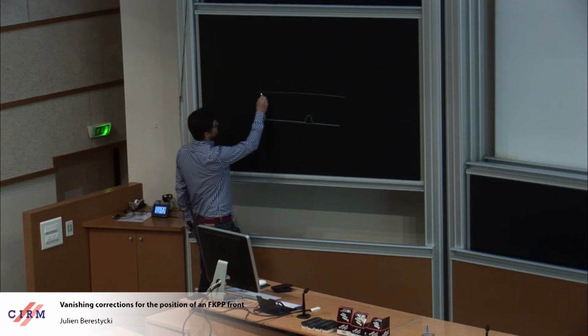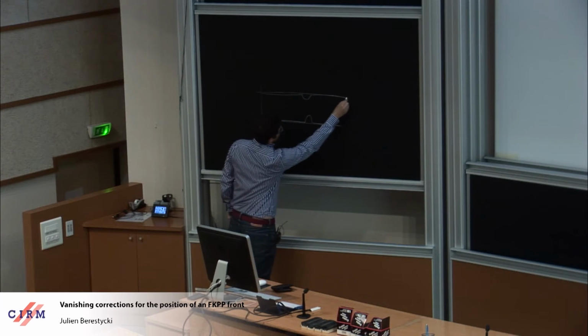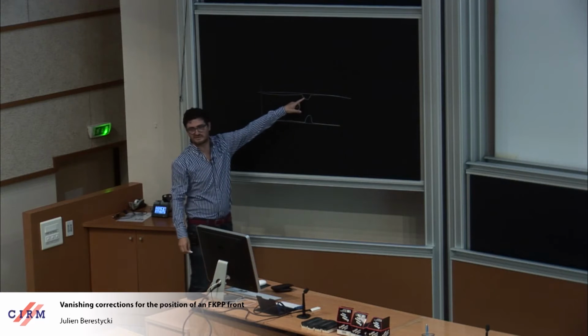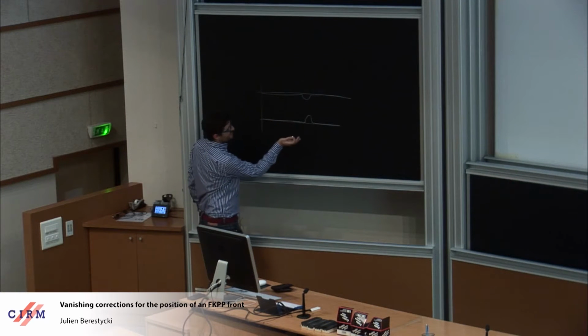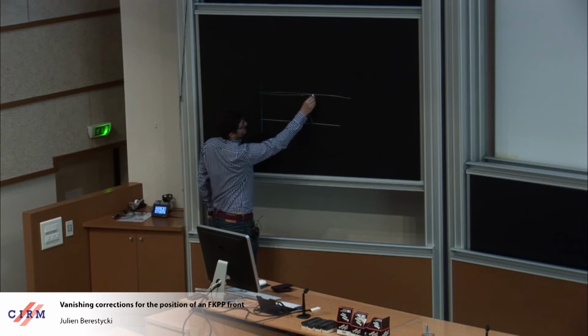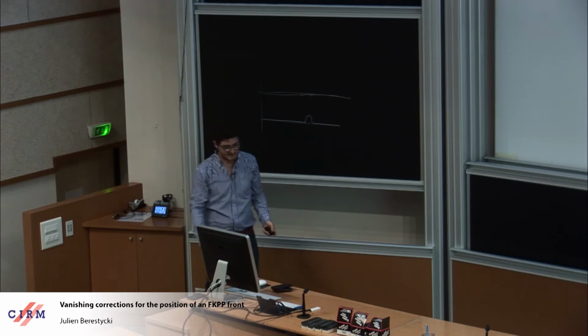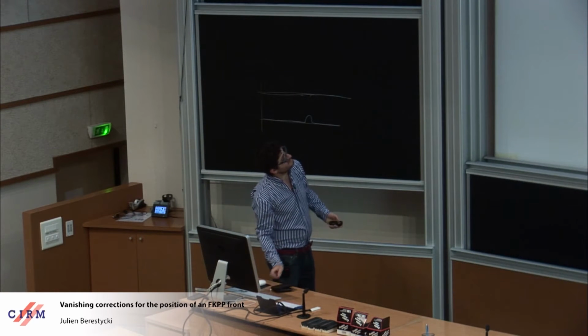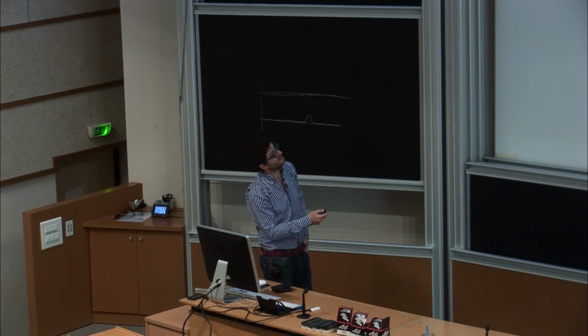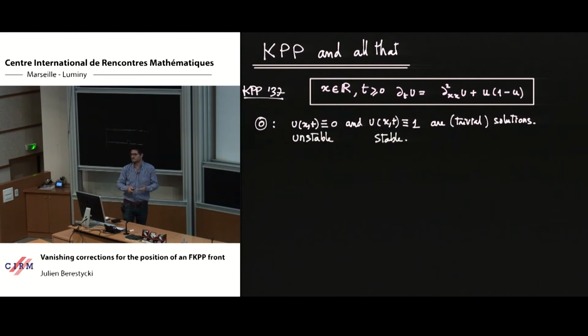And conversely, if you start from almost everywhere 1, except somewhere where you're missing a little bit of mass, this is very quickly going to be erased and you're going to go back to 1, right? So 1 is stable, and this is because, of course, this u(1 − u) here is positive, so it's a growth term.